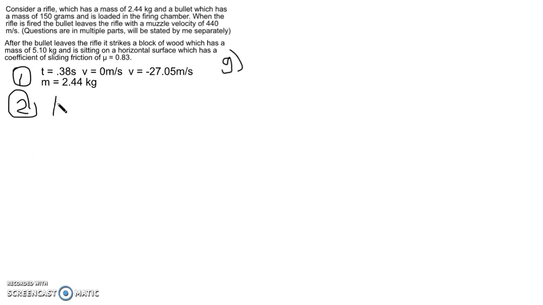So first of all, we know the equation for force, which is force equals mass times acceleration. Then we don't have acceleration, but we have the final velocity and the initial velocity. Forgot to write that in there.